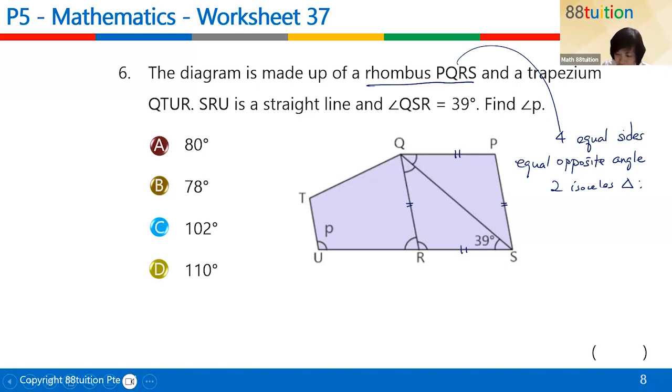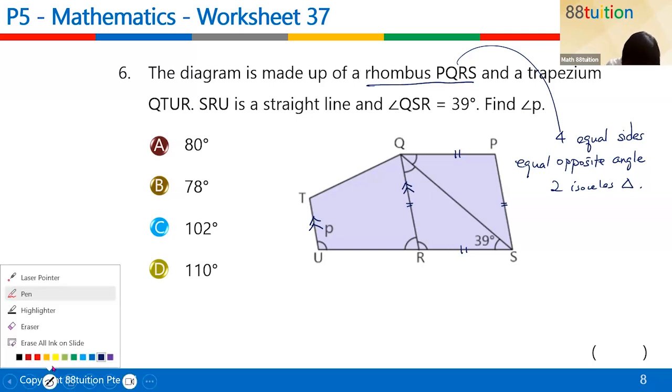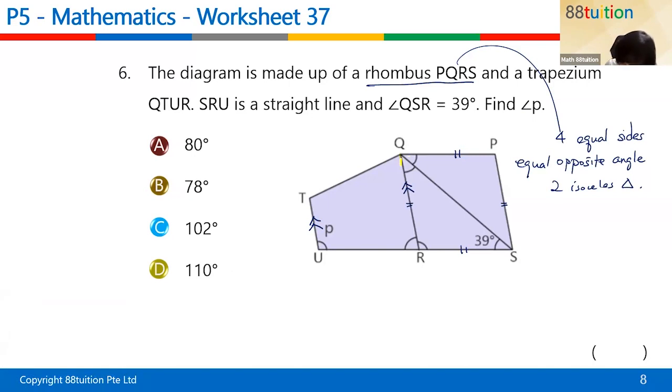Okay, then now QTUR is a trapezium. So that means this pair of lines are parallel. Okay, so you know that there is an isosceles triangle here. Where? Here and here. This is isosceles, right? So you can do something here. The base angles must be the same.